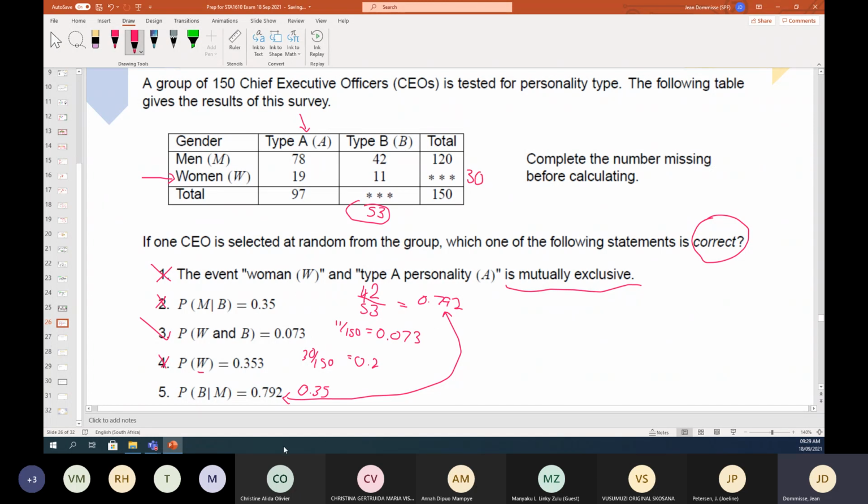Okay, so the probability of B and M, so again we're 42, but given M, which is 120, so 42 divided by 120 gives us the 0.35.